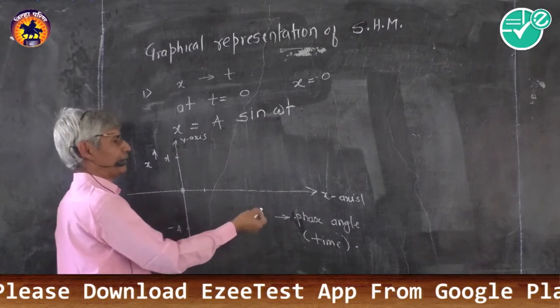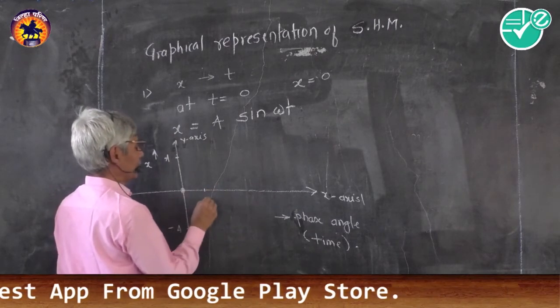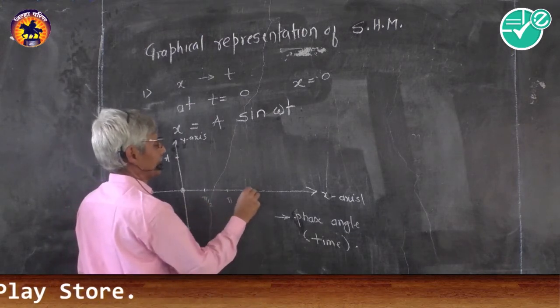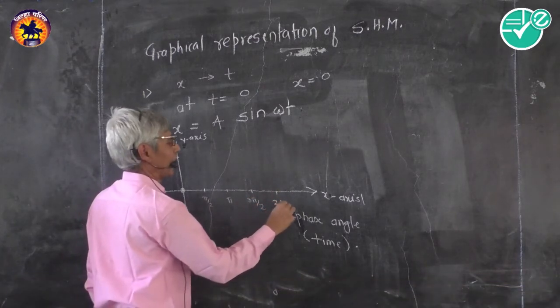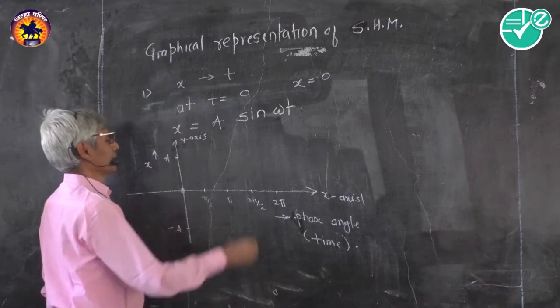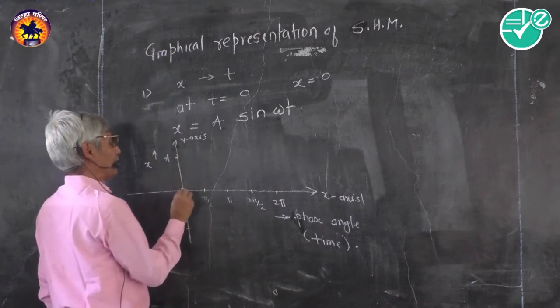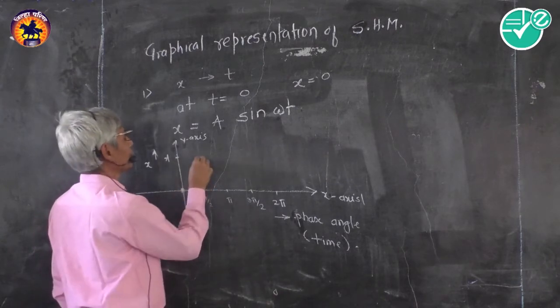If we consider the phase angle along the x-axis, then it will be omega t equal to 0, pi by 2, pi, 3 pi by 2 and 2 pi. So when the particle starts its S.H.M from the mean position, at t is equal to 0, x is equal to 0.